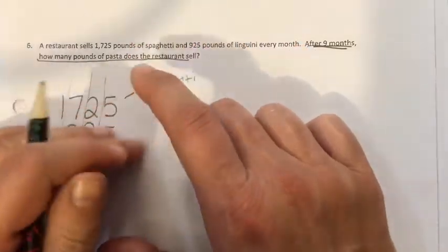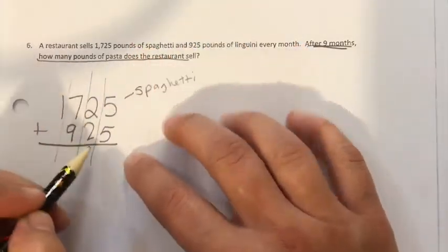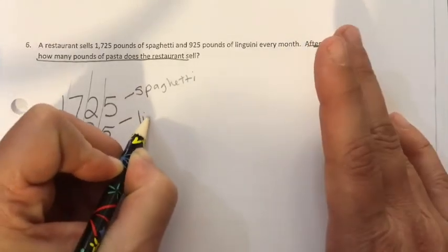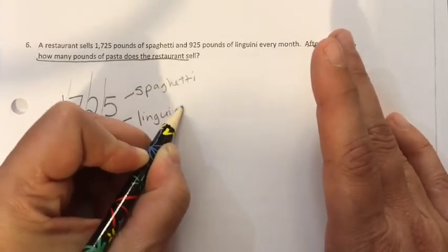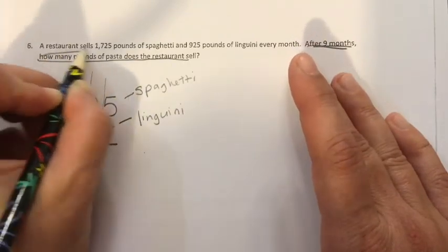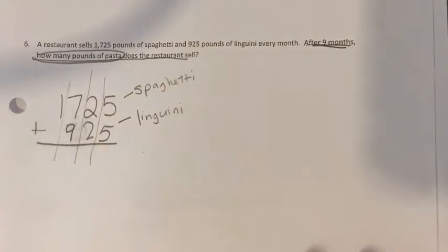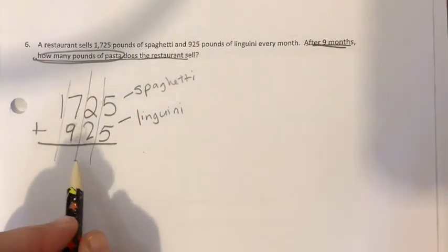All right, so I'm going to have to go ahead and add this up because I want to find out how much pasta all together. Linguine. Because it says how many pounds of pasta. It doesn't say how many pounds of spaghetti or how many pounds of linguine. It says how many pounds of pasta. So now I've got to add all these up.